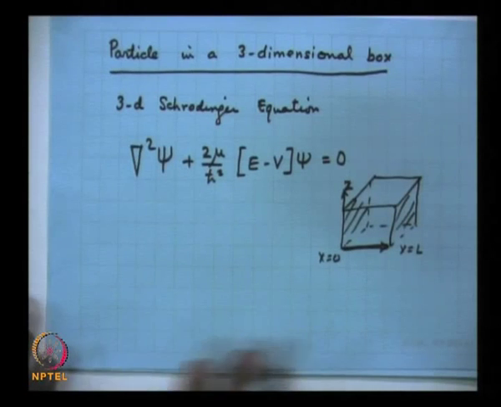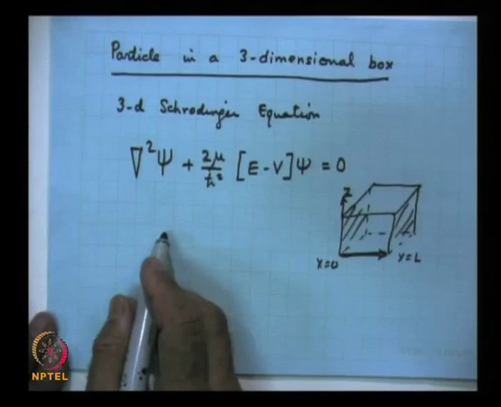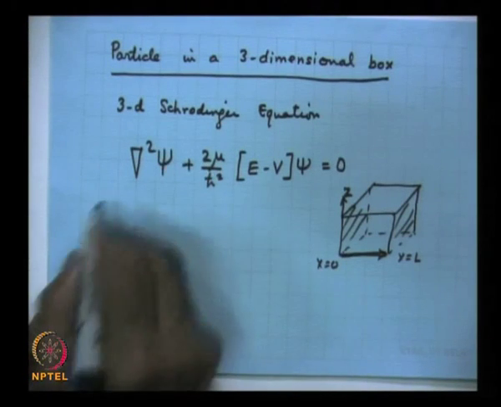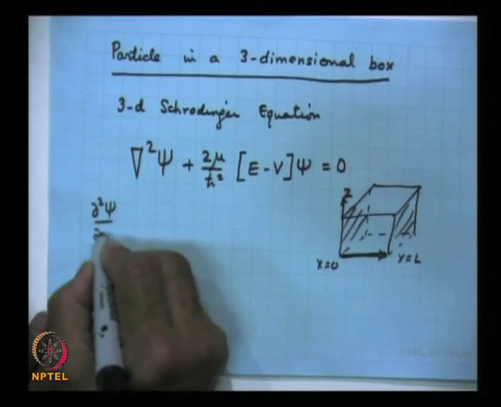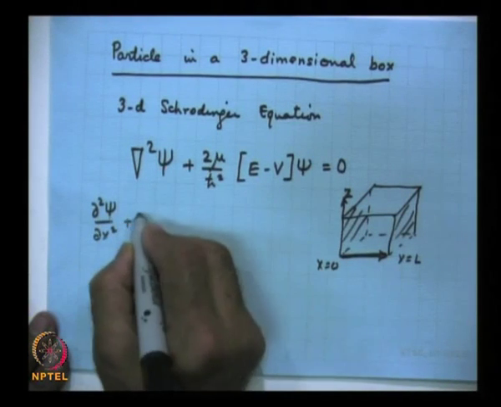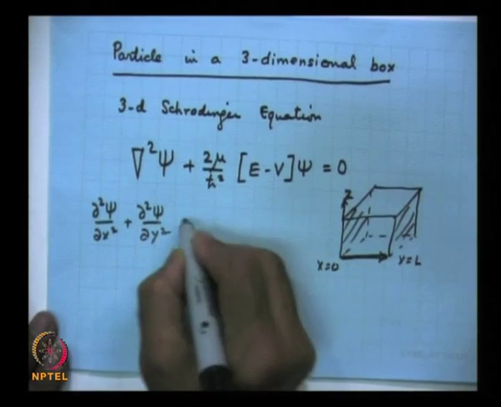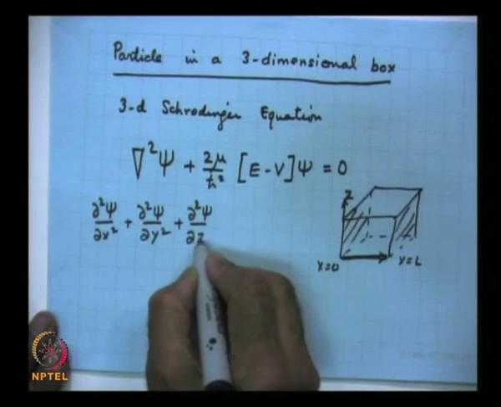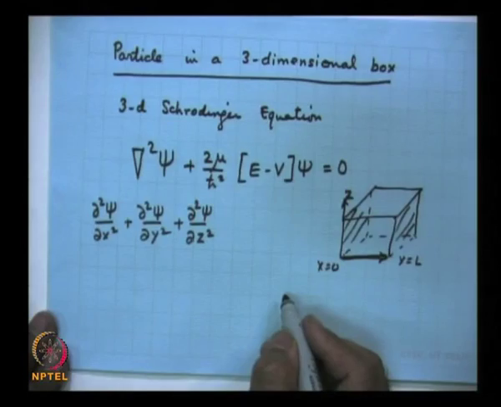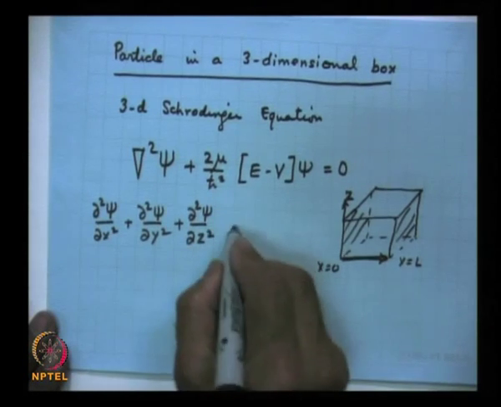And of course, for a problem like this, one has to use the Cartesian system of coordinates, and therefore the del square psi operator becomes del 2 psi by del x square plus del 2 psi by del y square plus del 2 psi by del z square, and inside the box the potential is 0, and so therefore V is 0.